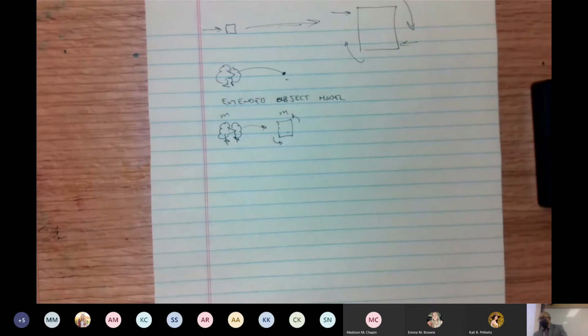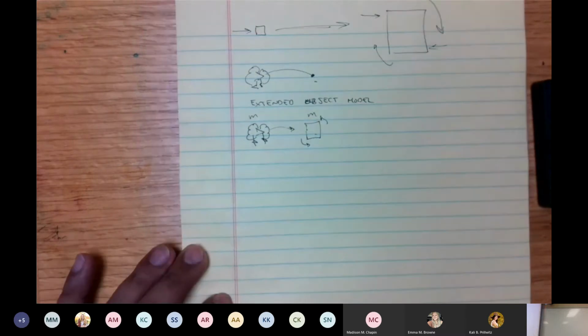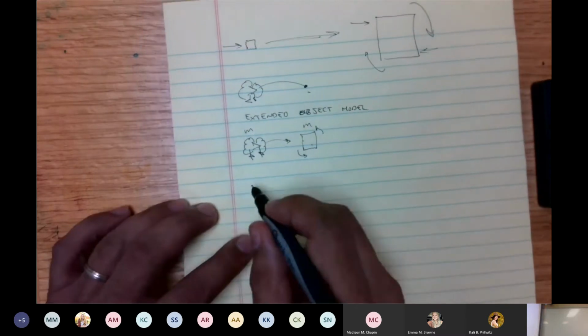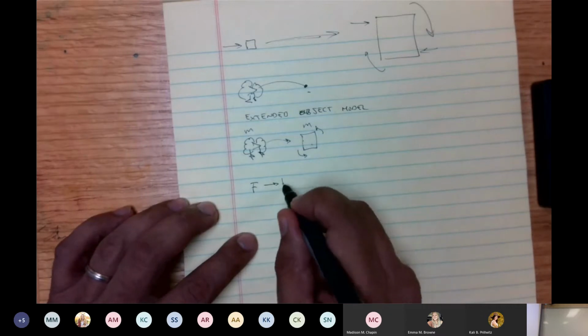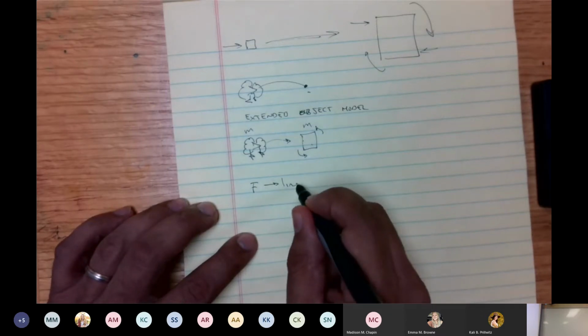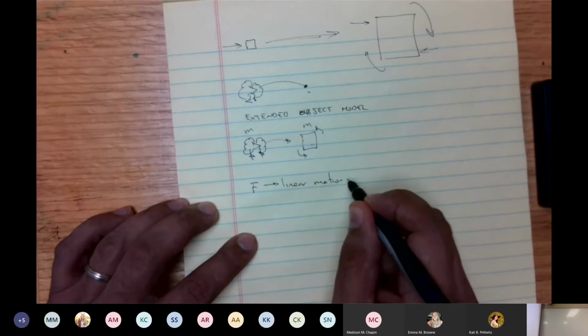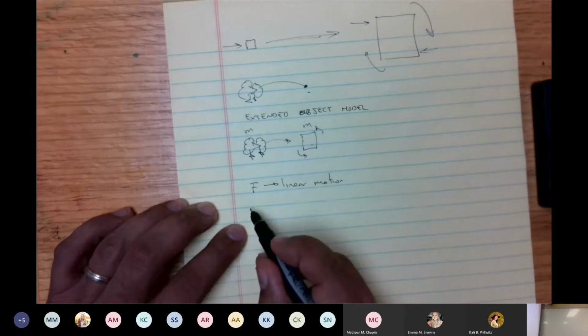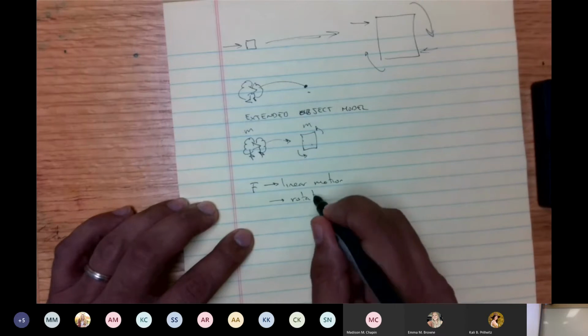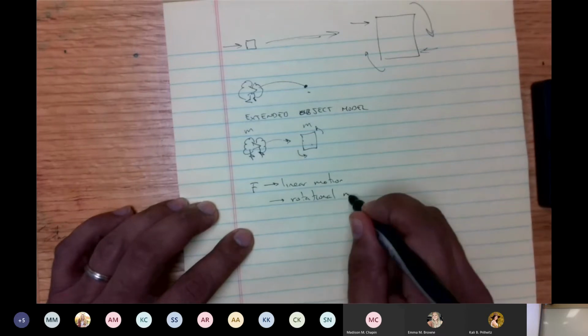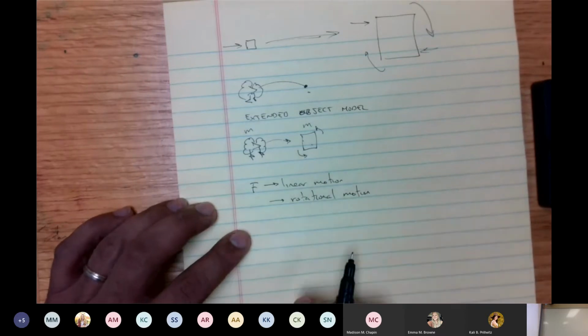Now, the same way that we have force and the force creates a linear motion, there has to be something equivalent to the force that creates a rotational motion. And that something is what we call torque.